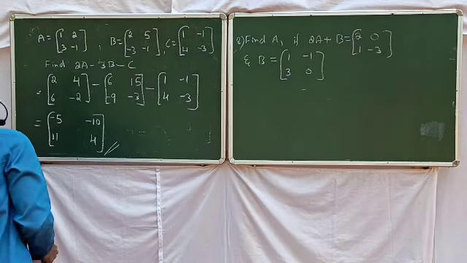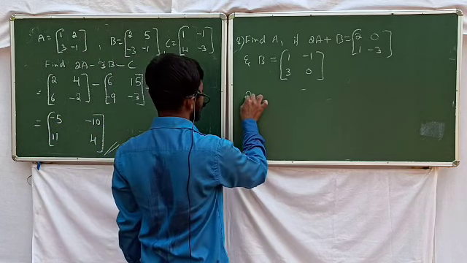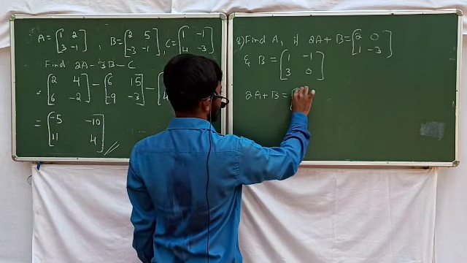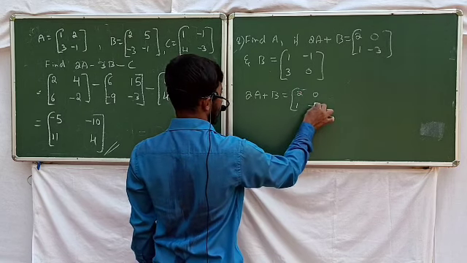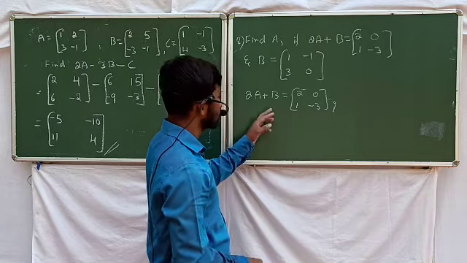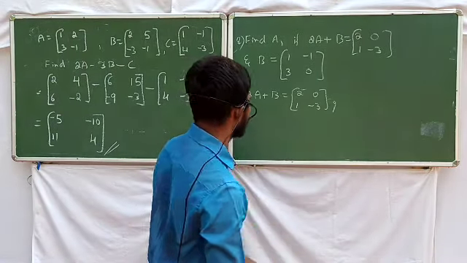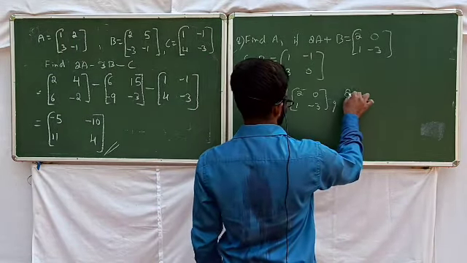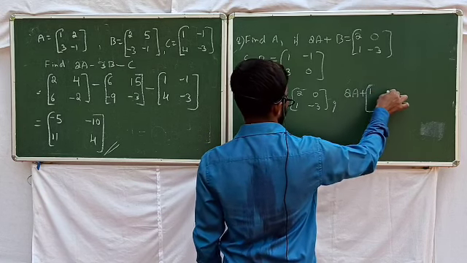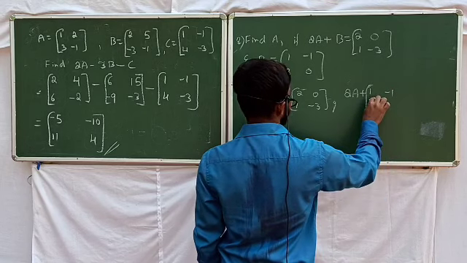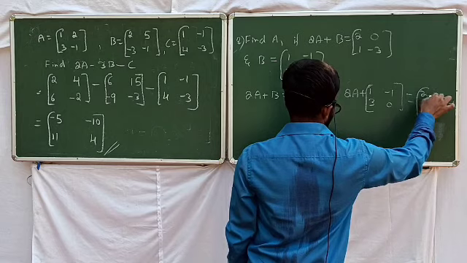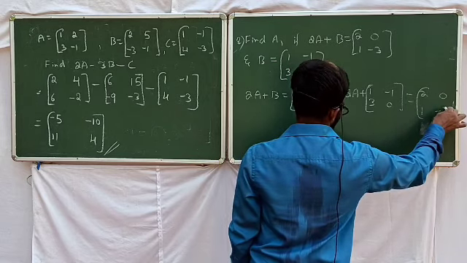You need to consider the equation 2a plus b is equal to 2 0 1 minus 3. The next step, see, substitute b value in the given question. What you will get? 2a plus b, b value is equal to 1 minus 1 3 0, is equal to 2 0 1 minus 3.